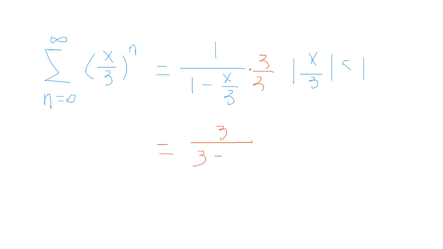And x divided by 3 multiplied by 3 becomes x. So this is a function representation, right? A rational function. And then the interval of convergence comes from here. That means absolute value of x less than 3, which means the interval of convergence is from -3 up to 3.